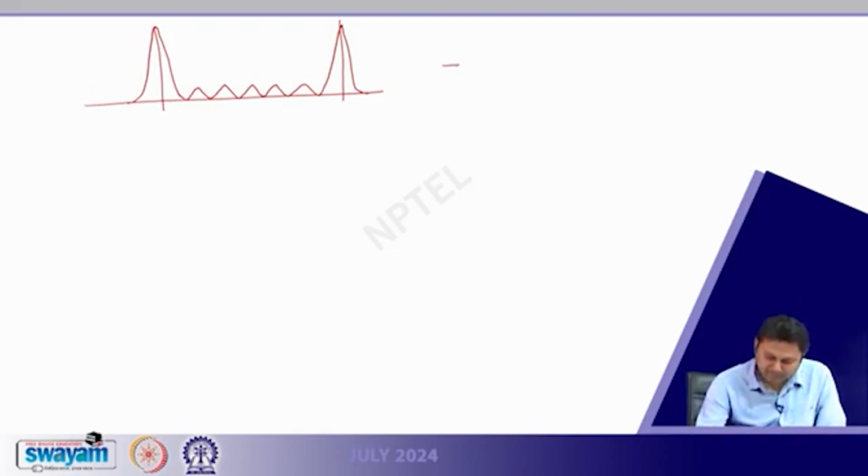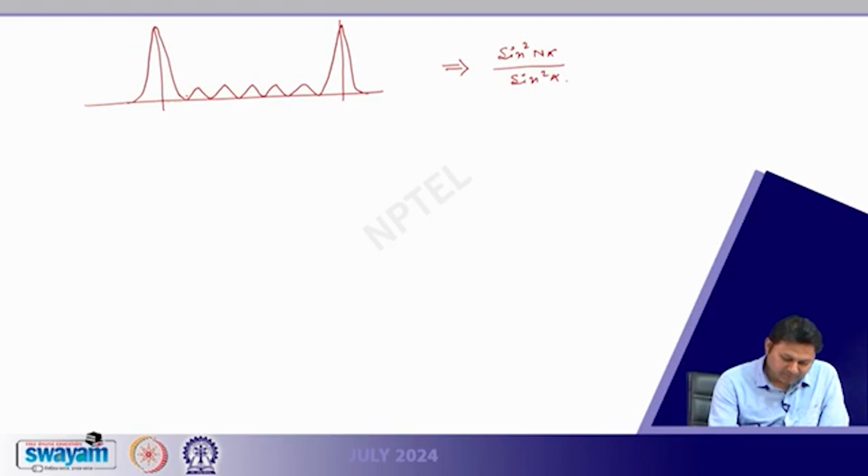So these are the spectra, and this is due to the function sine square n alpha divided by sine square alpha. So these are the maxima. How many maxima and how many minima we have, we can calculate. This is 1, 2, 3, 4, 5, 6.